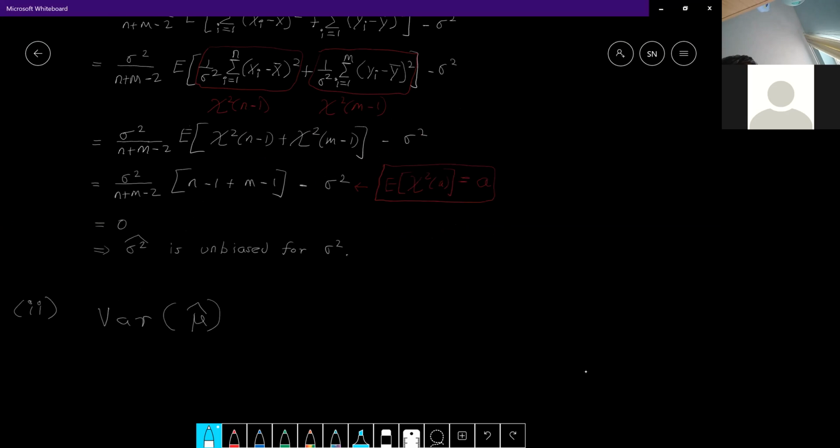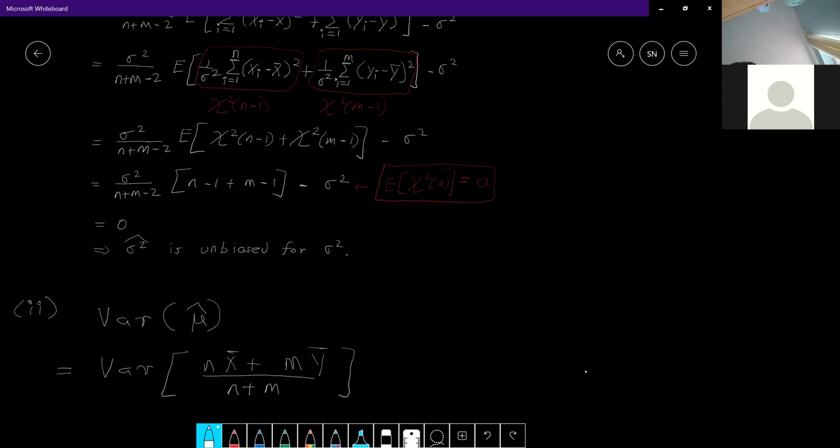Now the variance of mu hat is the variance of n x bar plus m y bar, divided by n plus m.